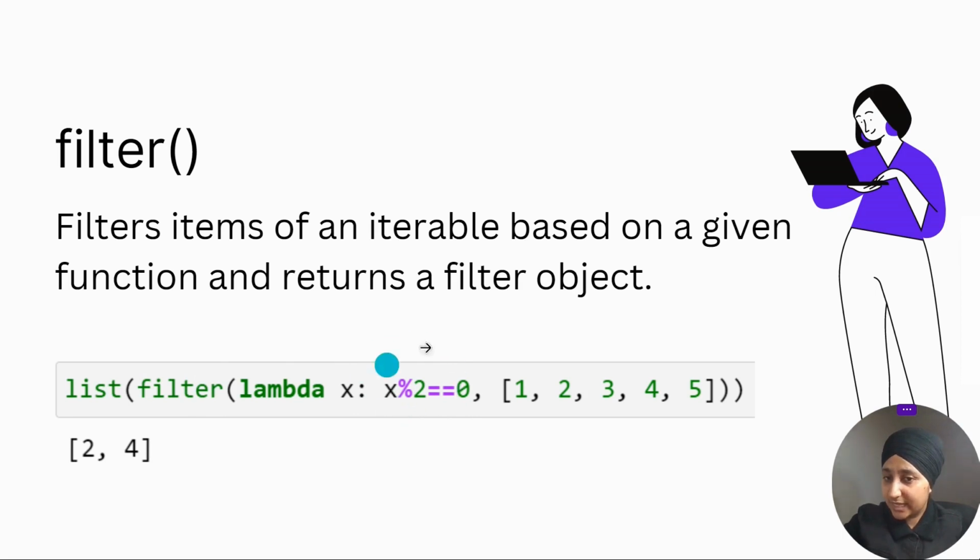So here it means even numbers. In this list the even numbers are 2 and 4, and at the end we are converting those even numbers that we have filtered to a list.